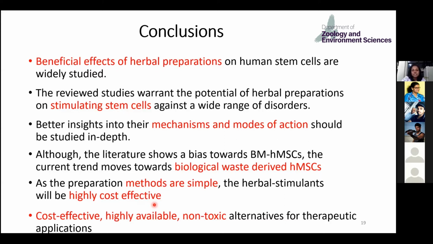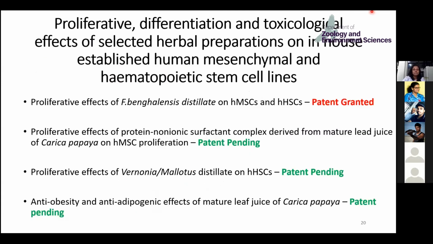Now I would like to move on to the second section of my studies. This is my PhD thesis titled Proliferative, Differentiation and Toxicological Effects of Selected Herbal Preparations on In-House Established Human Mesenchymal and Hematopoietic Stem Cell Lines.